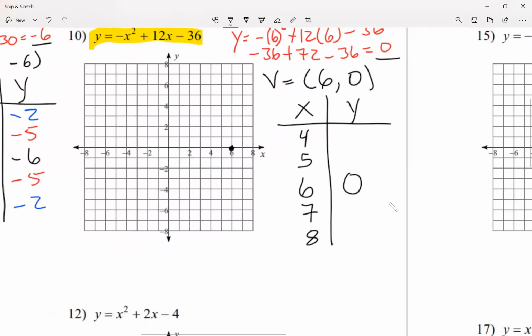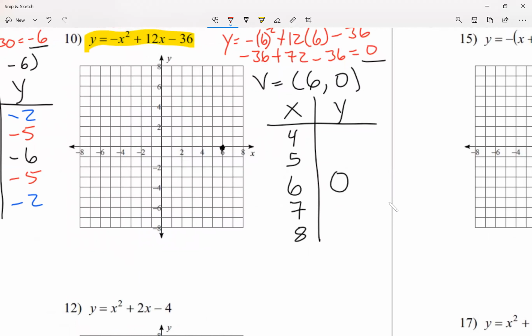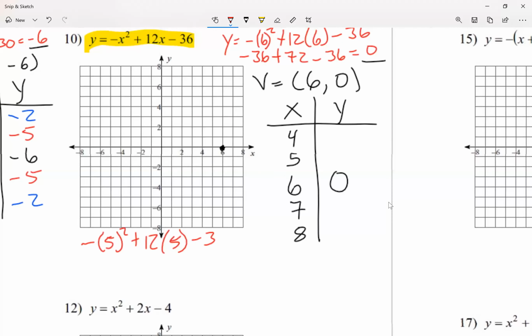I'm still using the whole equation, right? So for the 5, let me go negative 5 squared plus 12 times 5 minus 36. Using the equation, instead of x, I'm using 5. I could choose 5 or 7. I'm going to get the same answer, but I'm going to choose 5 just to make it smaller. So negative 25 plus 60 minus 36, I get negative 1. Okay.